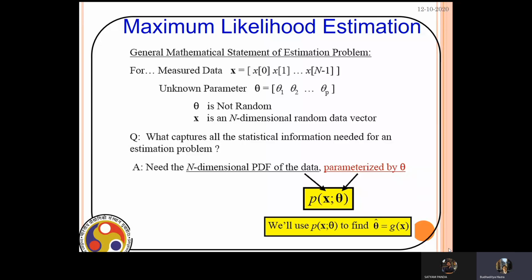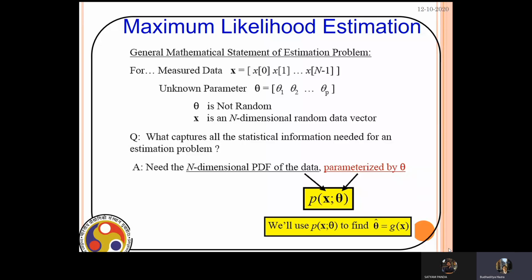So the first question that we ask is, what is the statistical information needed for an estimation problem? As you can see, the data is basically x0, x1, x2, the n data points.